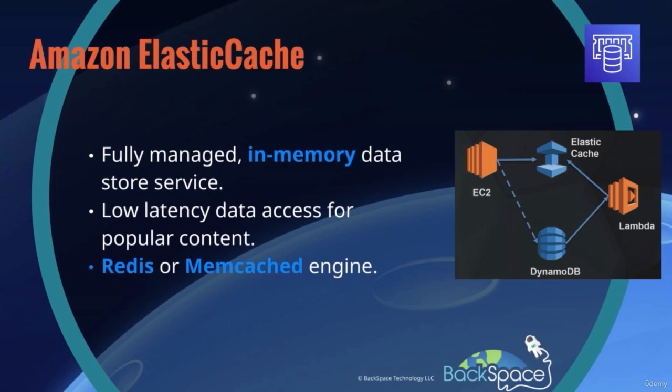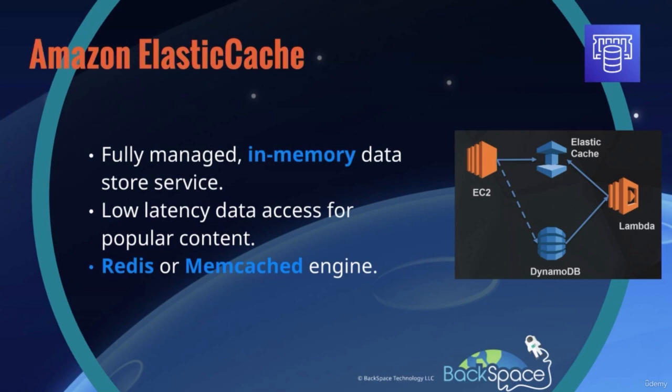You have a choice of the Redis or Memcached database engine. It can be used on its own as a standalone key store database, or it can be used in front of another database, for example, DynamoDB, to respond to requests for regularly accessed content.